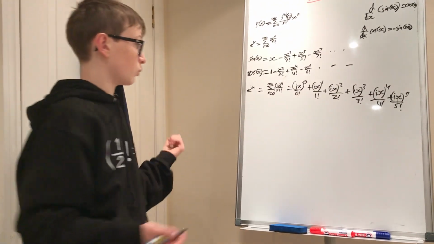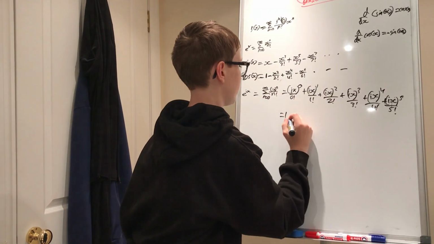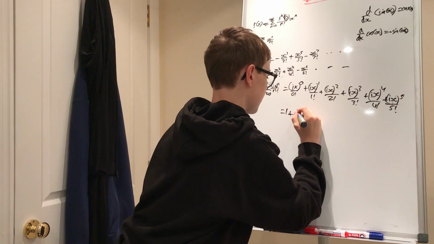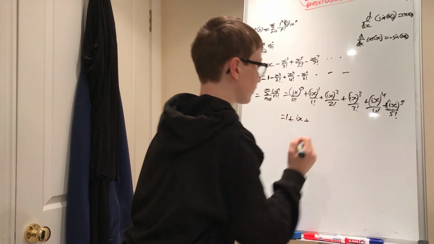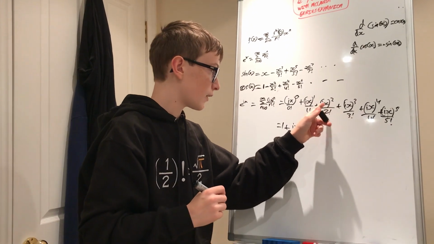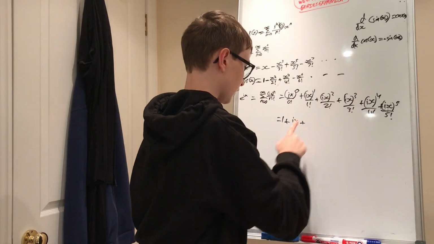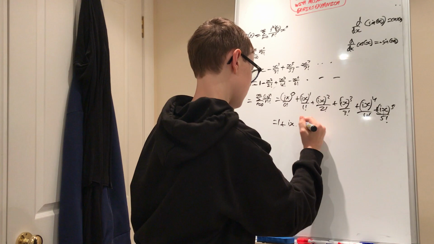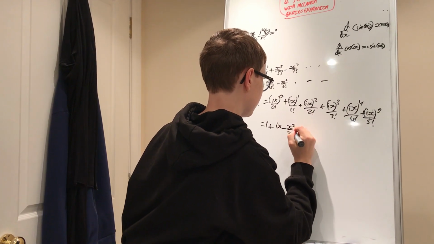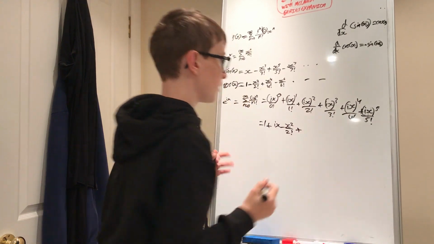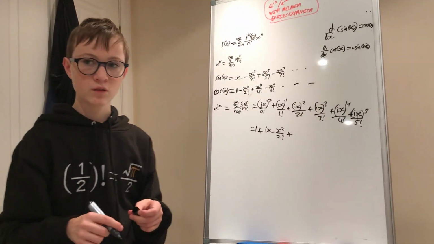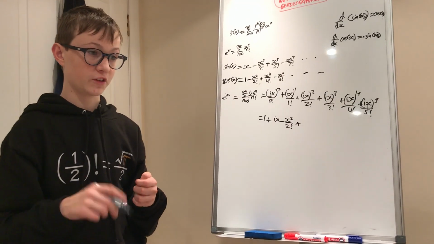This just simplifies to 1 plus ix over 1 plus i squared is negative 1, so negative x squared over 2 factorial. So actually it's a minus x squared over 2 factorial plus i cubed is negative 1 times i, which is negative i.